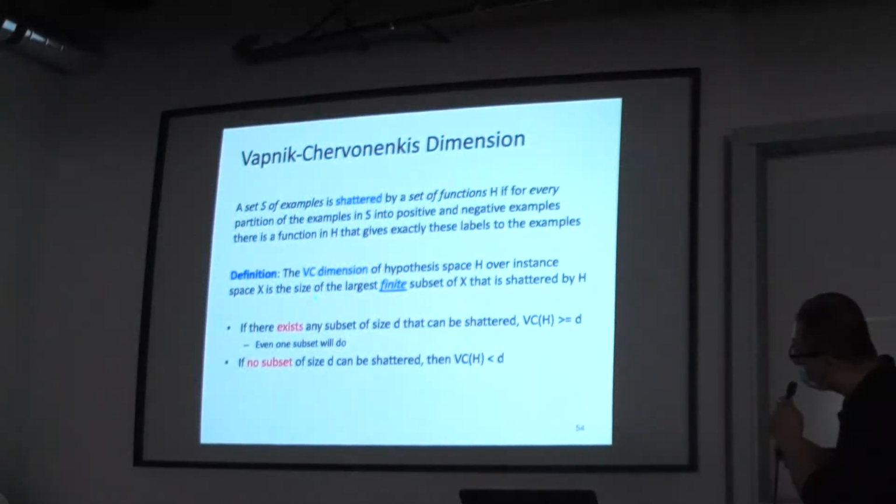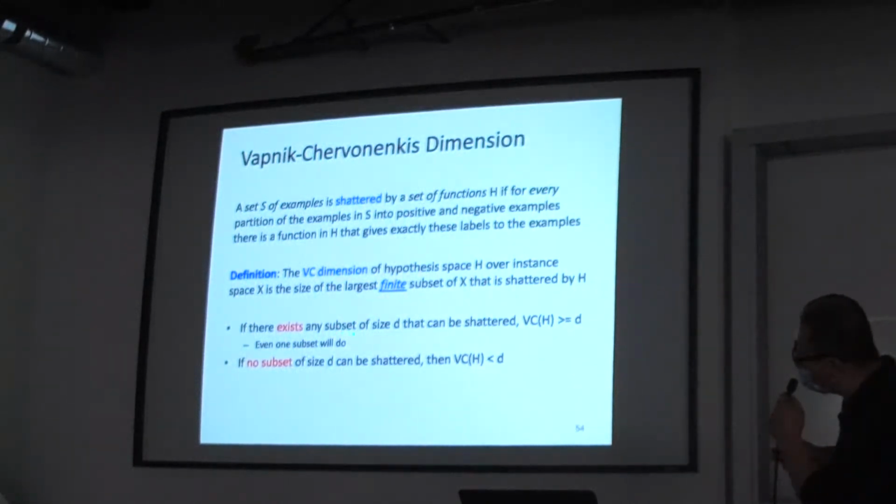First, if you want to claim that the VC dimension of your H is no less than D, what you need to do is just to find one subset of size D. Show that this subset of size D can be shattered by H. So this is quite a weak requirement.